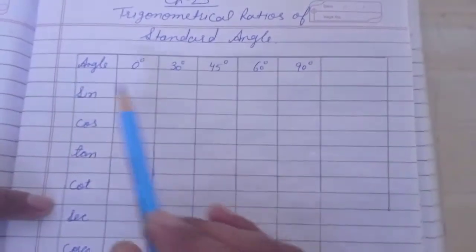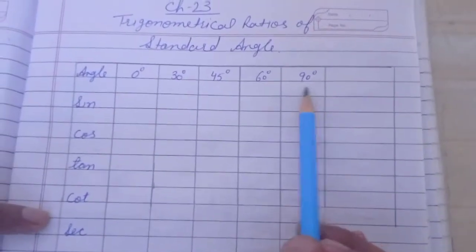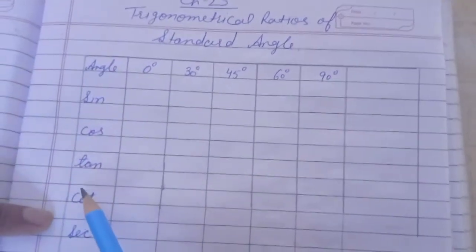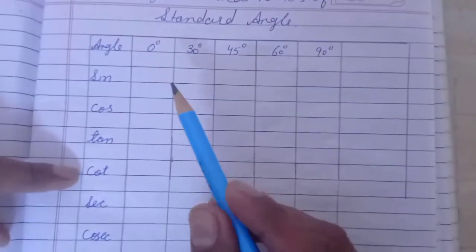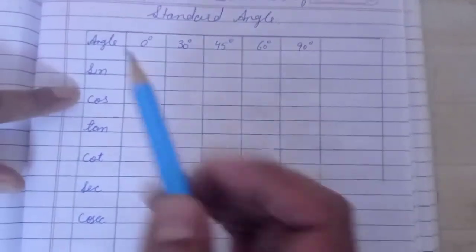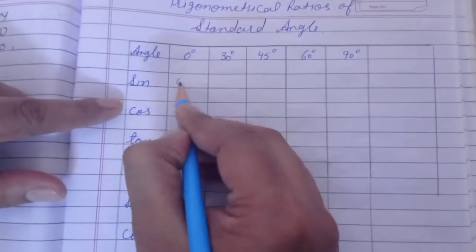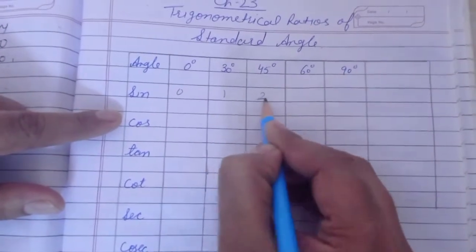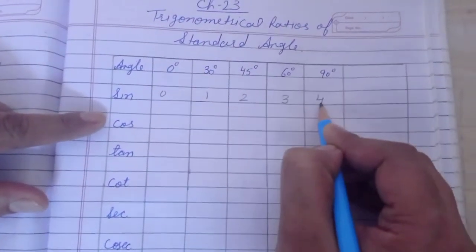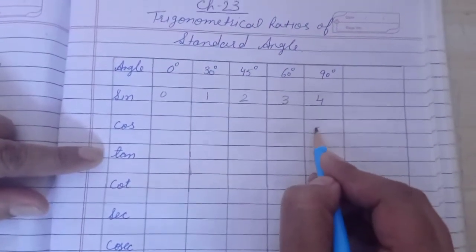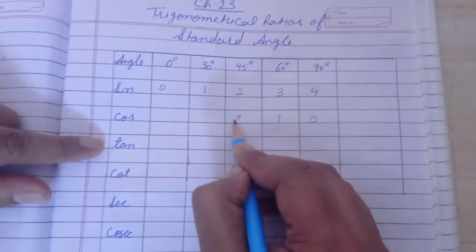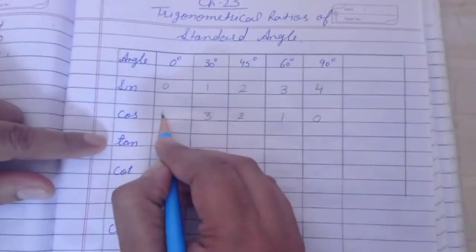So first of all, I'll tell you the method how we can obtain the values of these trigonometrical ratios of standard angles. For that, children, what you have to do? Look here, write here 0, 1, 2, 3 and 4. Now in the reverse order for this, 0, 1, 2, 3 and 4.